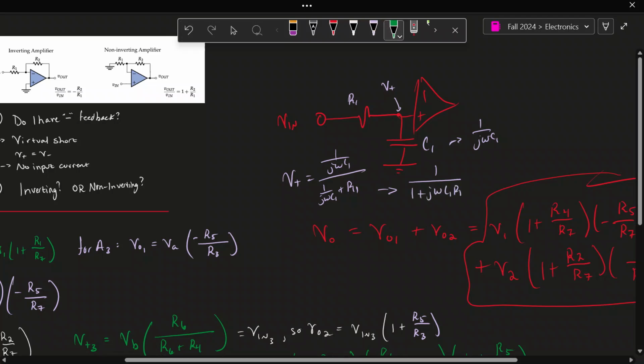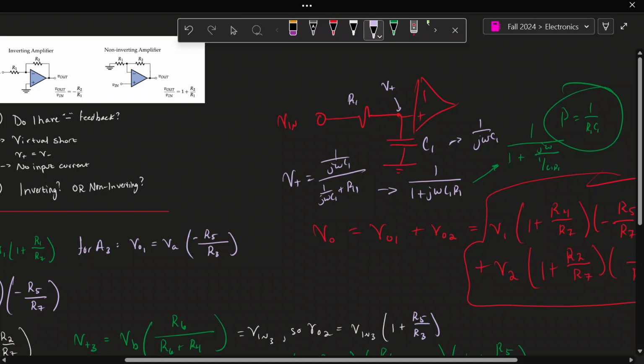And now, if you've noticed, this here is a pole, right? You can rewrite this as 1 over 1 plus j omega divided by 1 over C1 R1. And now you have a pole at 1 over R1 C1. That's your pole if you have a voltage divider.